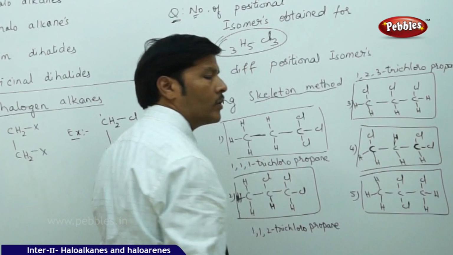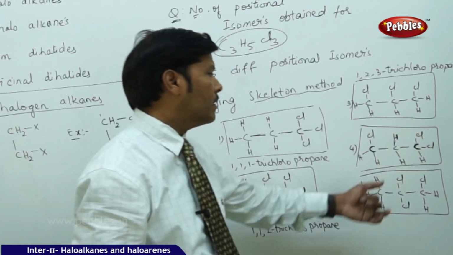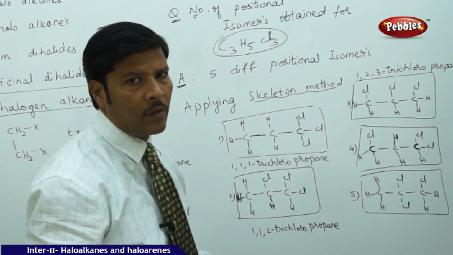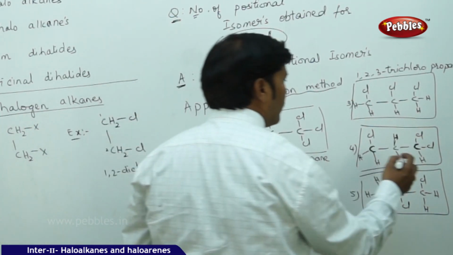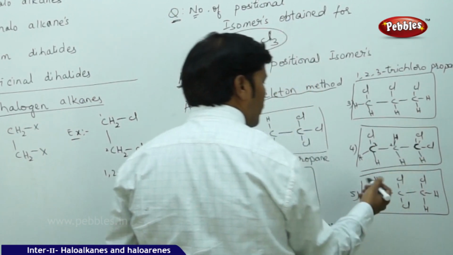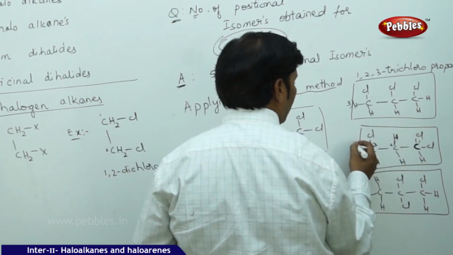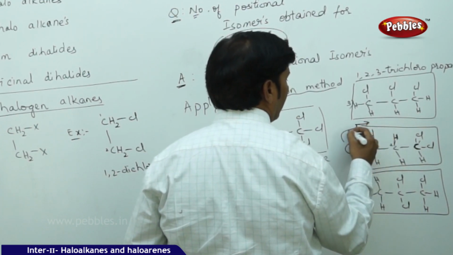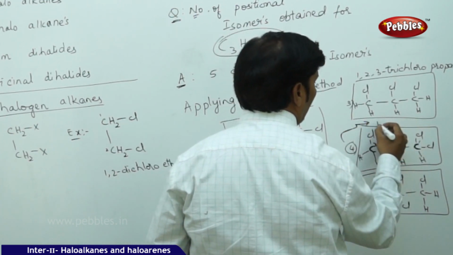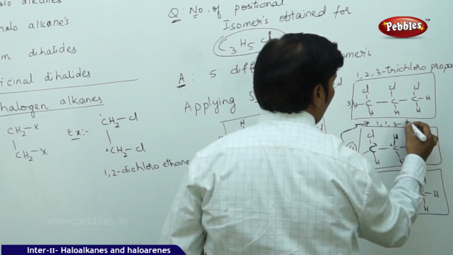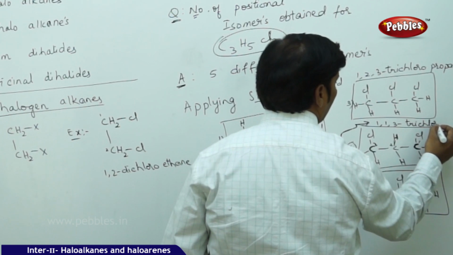So I will select the carbon which is substituted with the maximum number of chloro groups. So this is 1, this is 2 and this is 3. So I can write the IUPAC name for this 4th case: 1,1,3-trichloropropane.